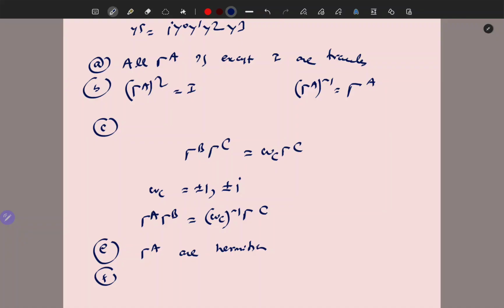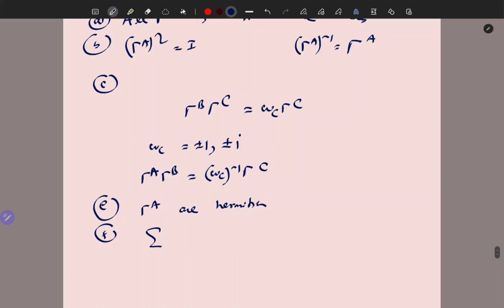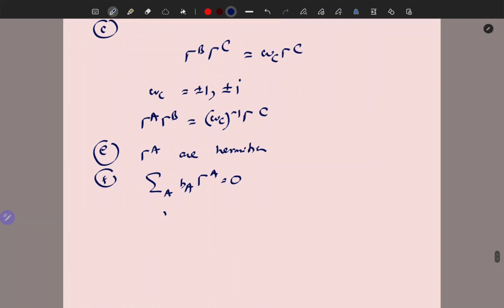If gamma A are linearly dependent, then sum over A of b A gamma A equal to 0, with not all b A equal to 0. Multiplying by gamma B, we have sum over A of b A gamma B gamma A equal to 0.